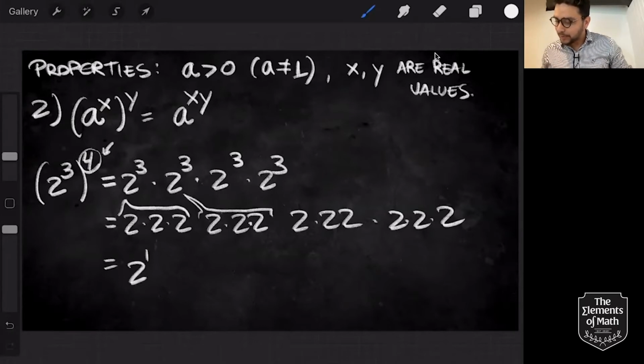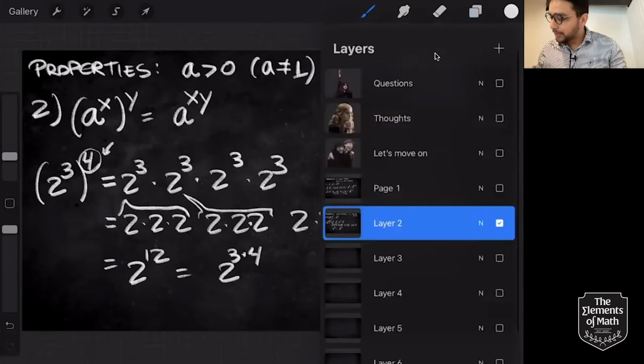Okay, so I have 2 to the power 12. That's exactly 3 times 4. Okay, very nice. Since I already told you at the beginning, I'm not going to prove the properties. I'm just going to give some examples to convince you the property makes sense, and I'm picking x and y natural numbers. Okay, I have 2 more properties.